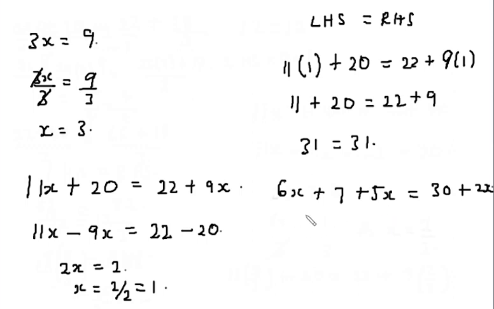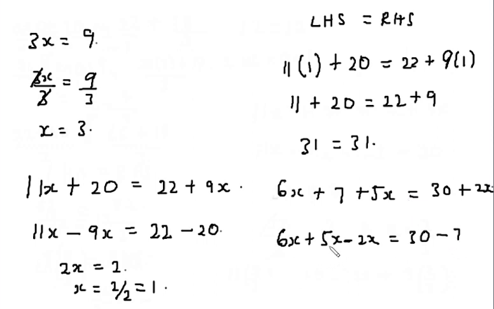Okay, so like we did before, we're simply going to collect like terms. So we're going to move the x variables to one side and the constants to the other side. So this is simply saying 6x plus 5x. So we are moving the 2x over to this side, plus 2x becomes negative. So this is minus 2x, which is equal to 30. As plus 7 is going over to the other side, it becomes minus 7.